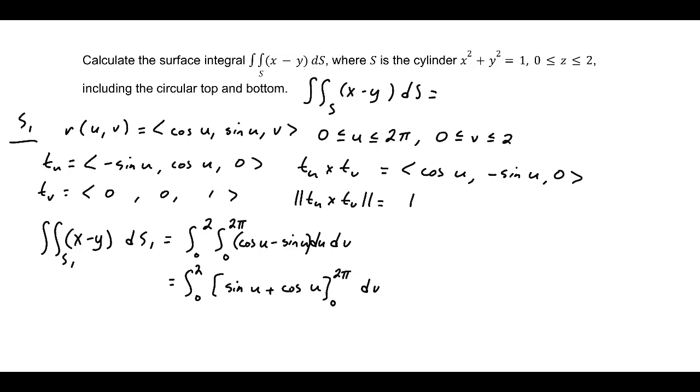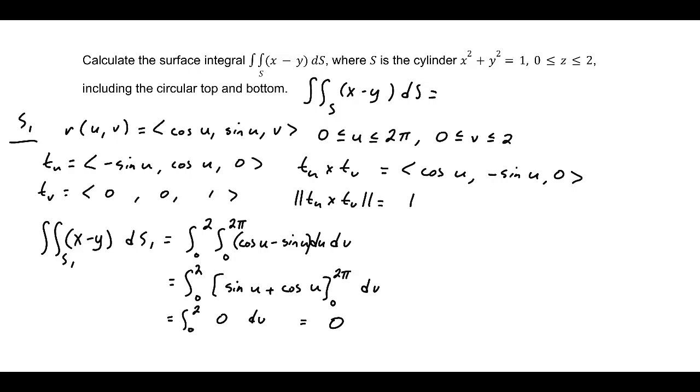So this integral ends up being the integral from 0 to 2 with respect to v of 0, and that is equal to 0. So the surface integral over this surface is equal to 0 on the sides.